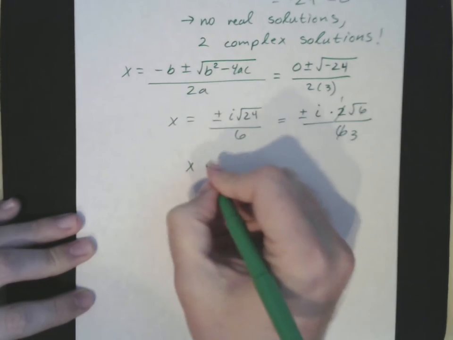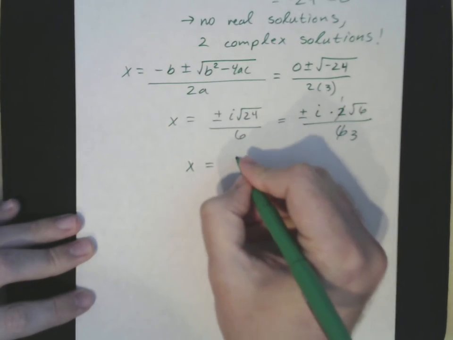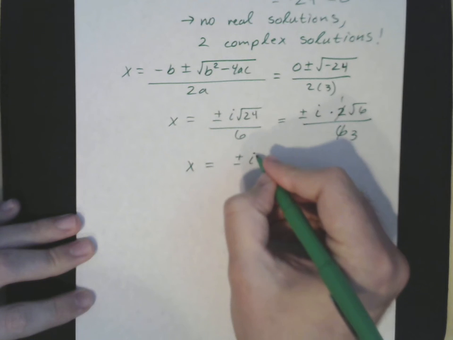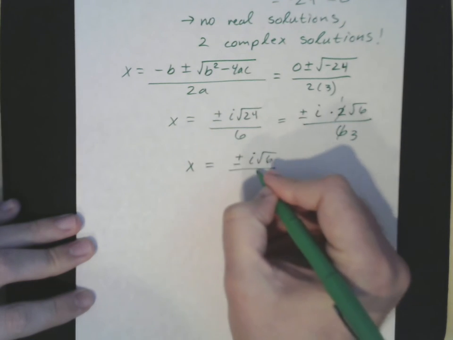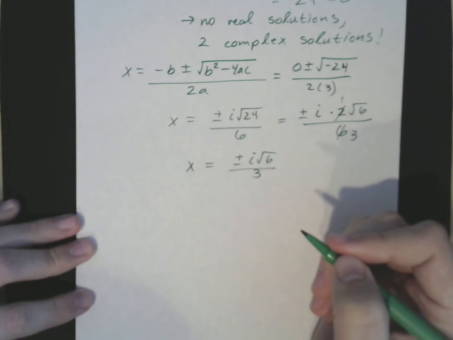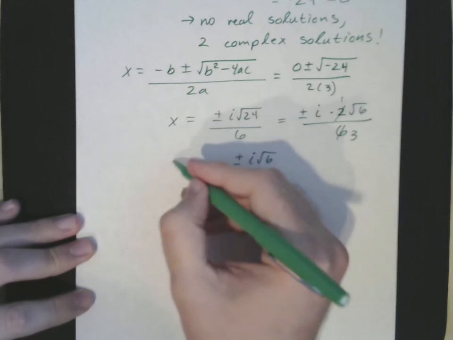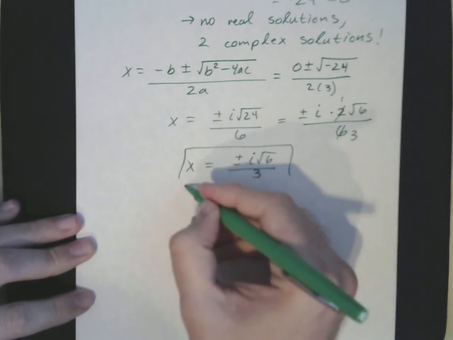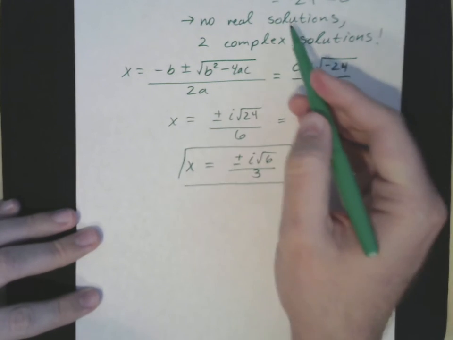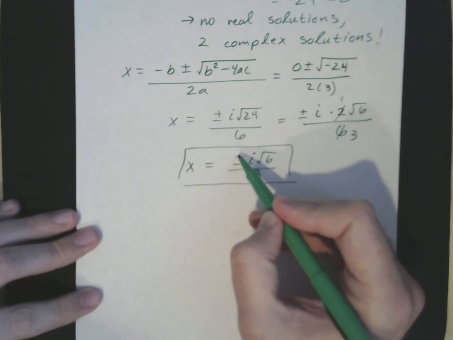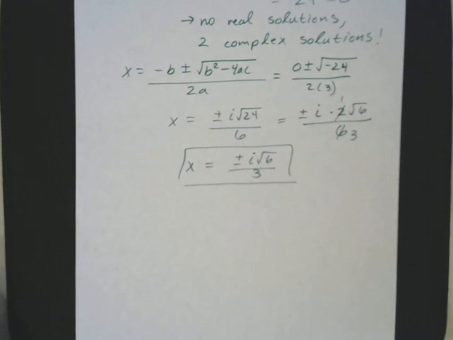And so we end up with x equals plus or minus i root 6 over 3. And that's our final answer. And we match two complex, because we have the positive and the negative version.